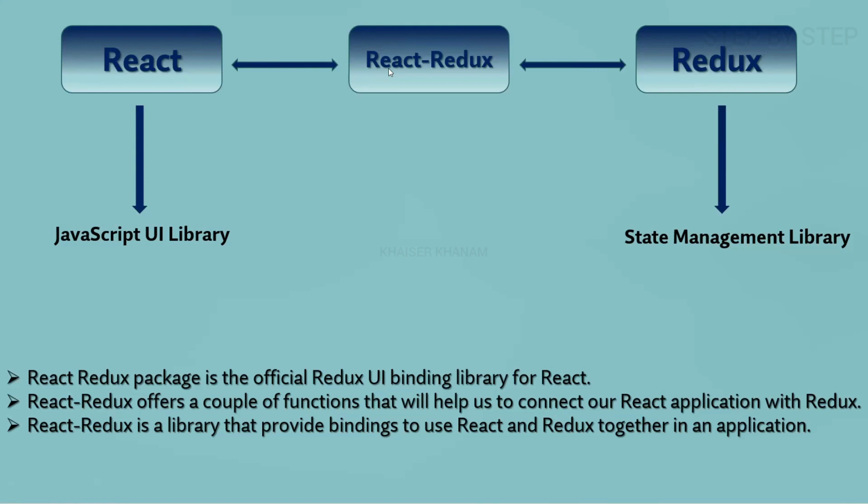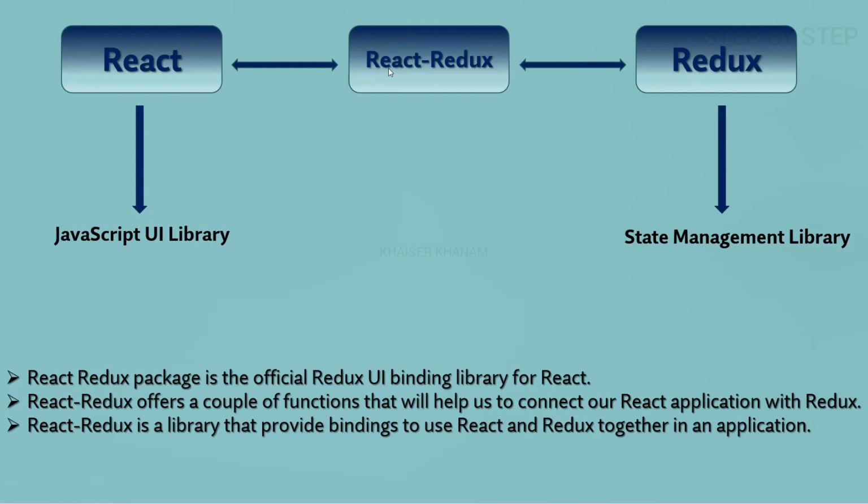Basically, together we are using both these libraries, React and Redux. To combine both, the React Redux package is very important and we have to install it, and after installing it, we will be using Redux inside React. So you should always remember React is a separate thing. It is a UI library. Redux is a separate thing.